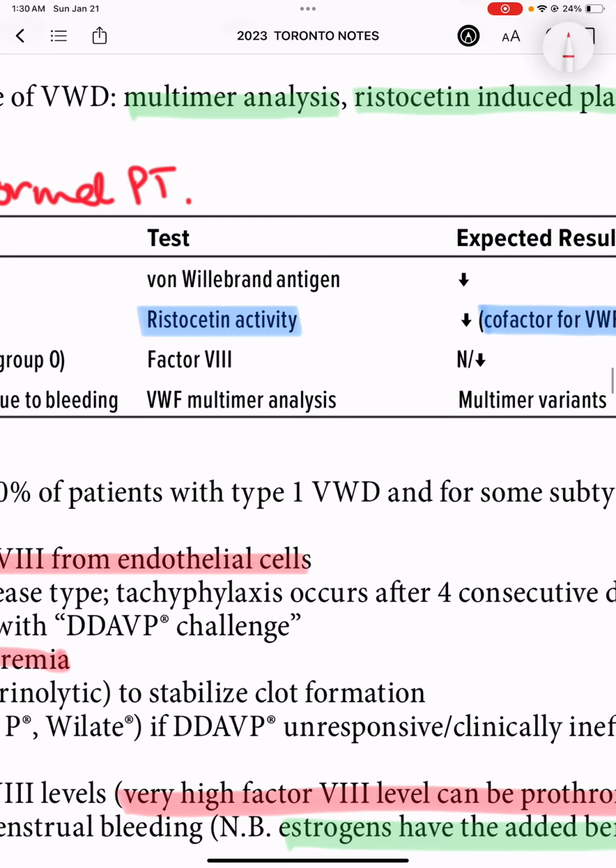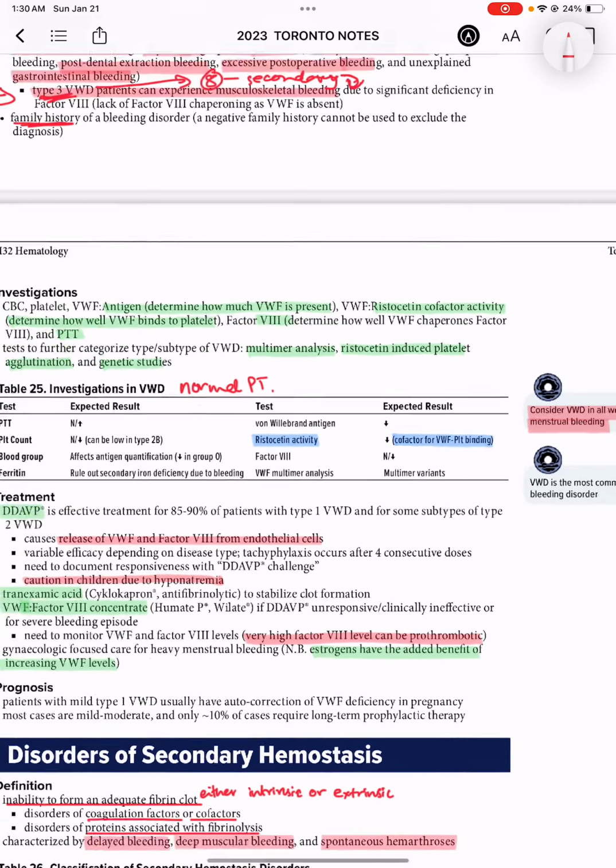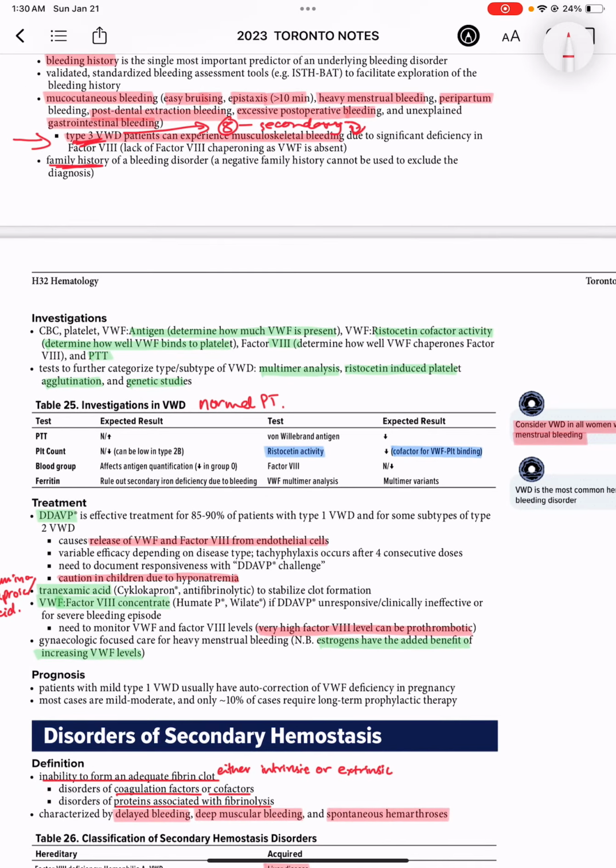So if we add some ristocetin to the patient's serum, and look at the activity and the expected result, and the timing is less, then that means there is a problem with von Willebrand factor. Ristocetin cofactor activity determines how well von Willebrand factor binds to platelets.